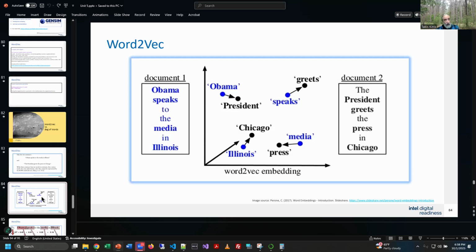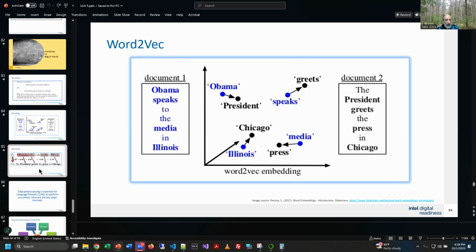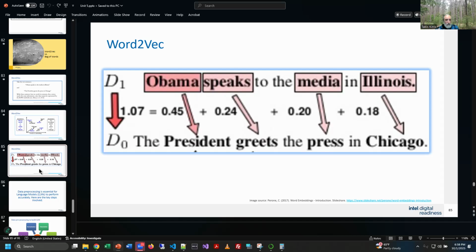Chicago's in Illinois, and probably if the president's visiting the state of Illinois, he's probably stopping in Chicago. Makes sense, right? And then media and press, once again, kind of the same context or meaning. So word to vec identifies this. It looks at one document, looks at another document, and understands that there's a connection between those.